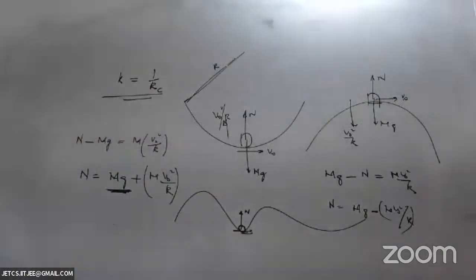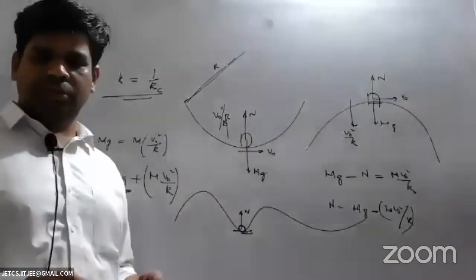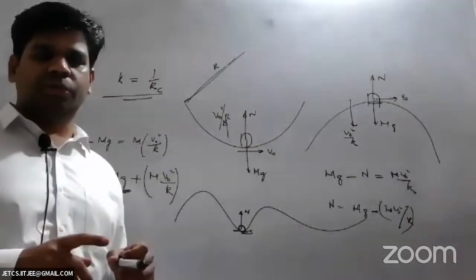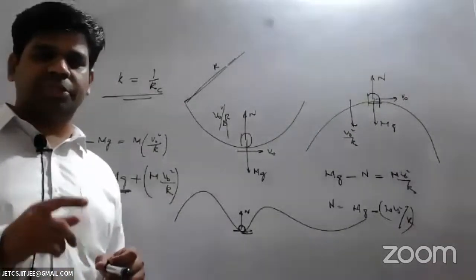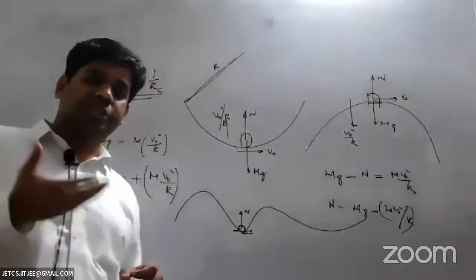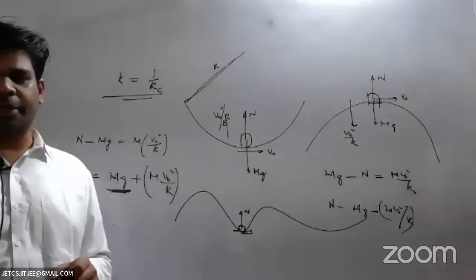So be careful, don't be confused by the term weight being used sometimes incorrectly for mg. Mg is the gravitational force exerted by Earth on the particle. Weight is the normal reaction experienced by the particle, or the reading of the weighing machine, which is equal to the normal reaction felt by the particle.